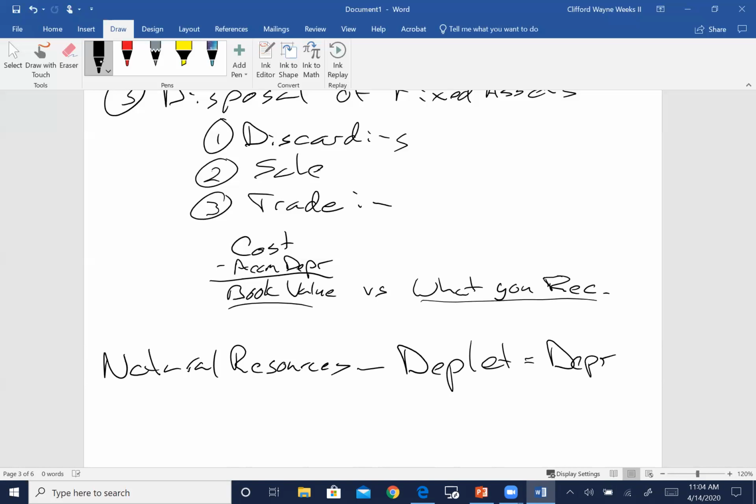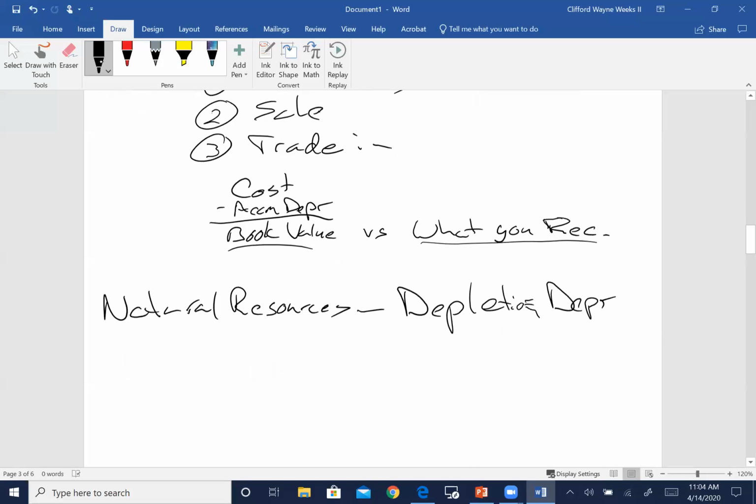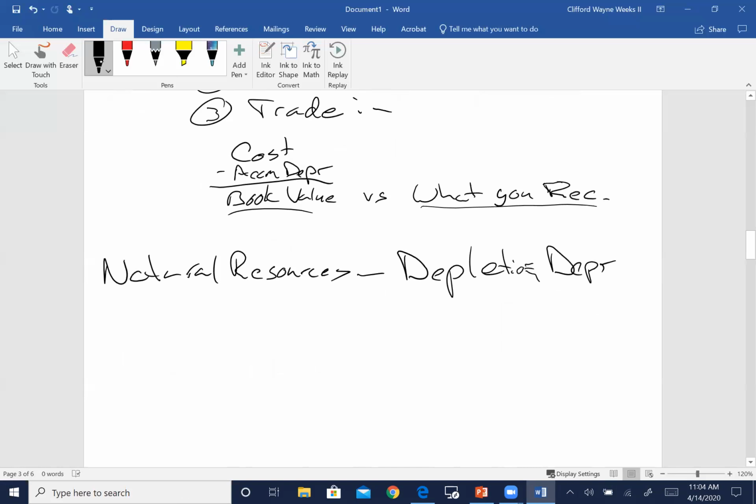So we use depletion versus the term depreciation, right? It's basically the same thing. It's just you deplete a natural resource and you depreciate a fixed asset.